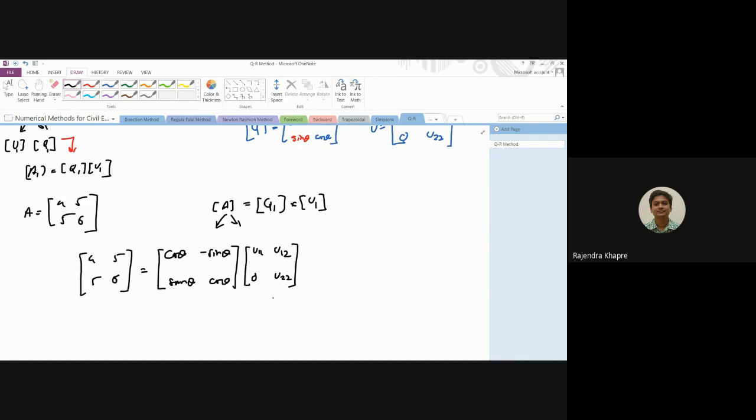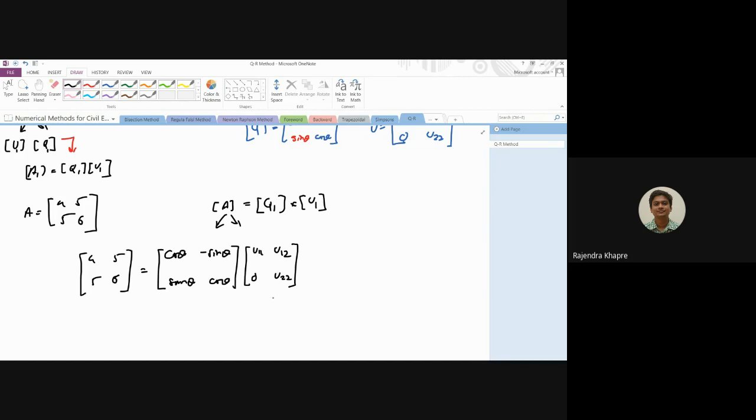How many unknowns are there in this? 4. U11, U12, U22, and theta. Not sine theta and cos theta. Another unknown is theta. So you have 4 equations and 4 unknowns. So definitely you can find this.